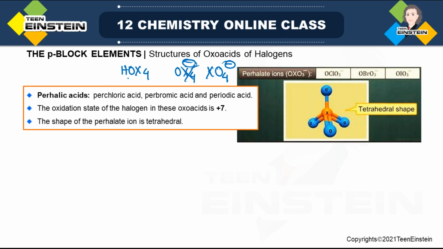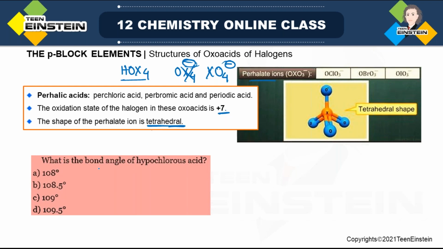This is perhalic acid, but if you consider the ion, it will be called the perhalate ion. The oxidation state of the halogen is now the maximum, +7, and here both geometry and shape are tetrahedral, because you do not have any lone pair, so no question of omitting a lone pair.